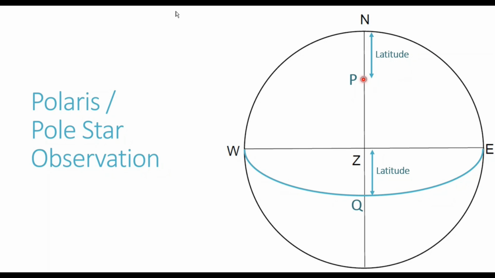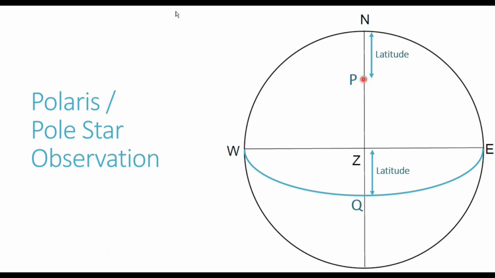Pole star being a special star very close to the north celestial pole, if we take the altitude of this pole star or Polaris, it gives us very nearly the latitude of the observer. If the pole star was exactly at the same place where the north celestial pole is, in that case it would give us the latitude exactly, accurately, without any difference or error.